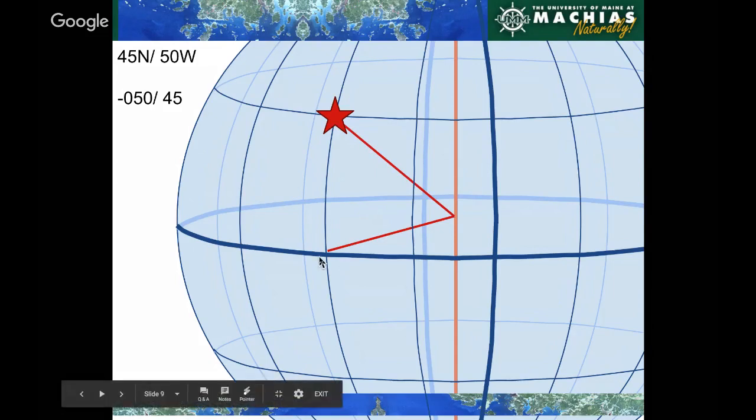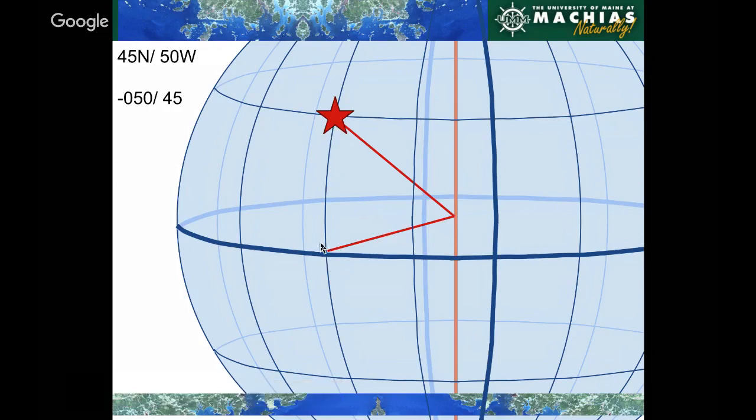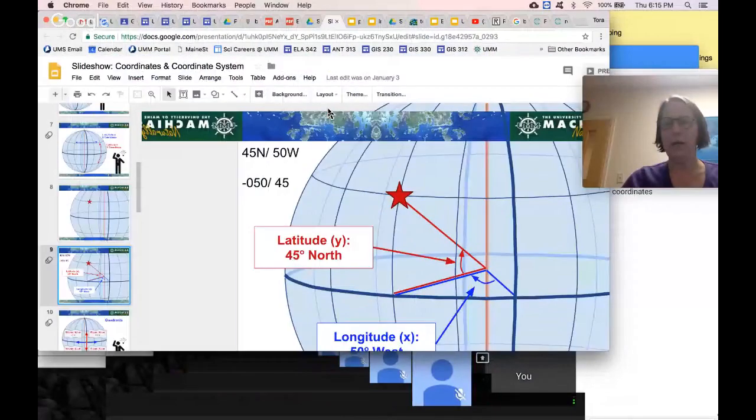And so when we want to figure out what our latitude is, how far we are above or below the equator, we measure in angle between the center of the Earth and the equator, and then the center of the Earth and our parallel. So think about that for a minute.